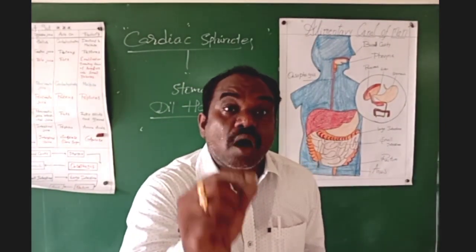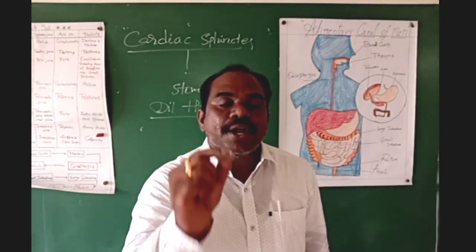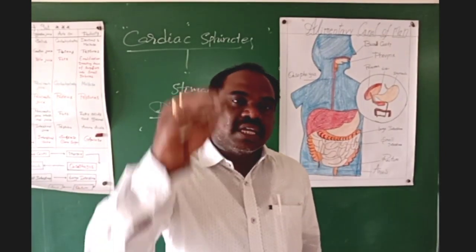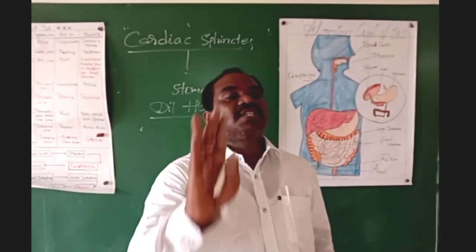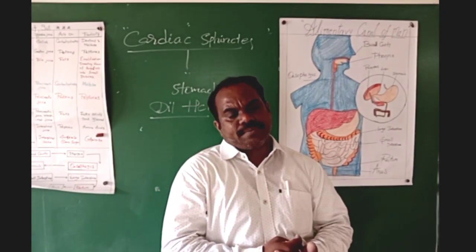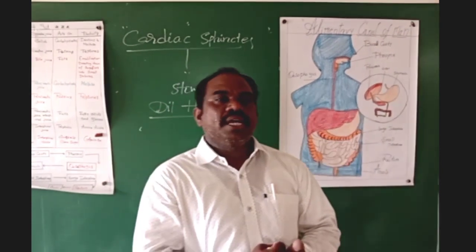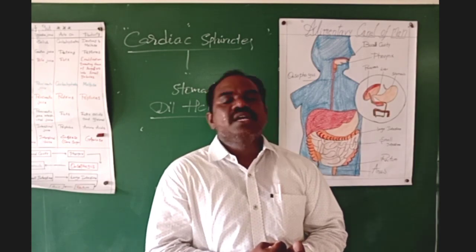What is the use of hydrochloric acid in our stomach? Hydrochloric acid helps kill microorganisms, the bacteria present in the food materials, and it also provides the acidic nature of the food materials in the stomach.